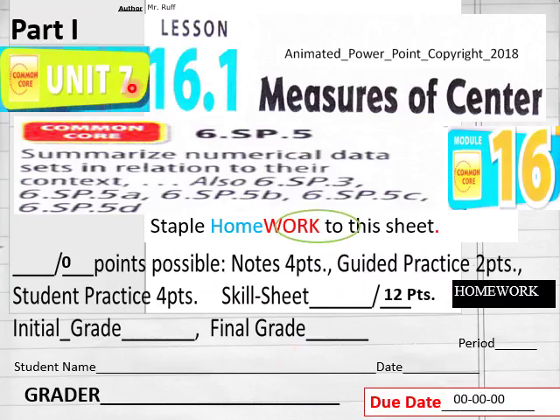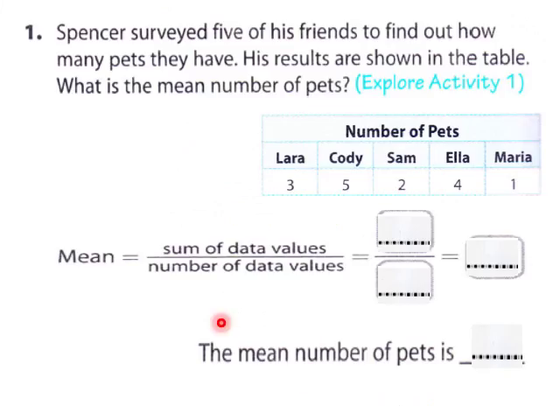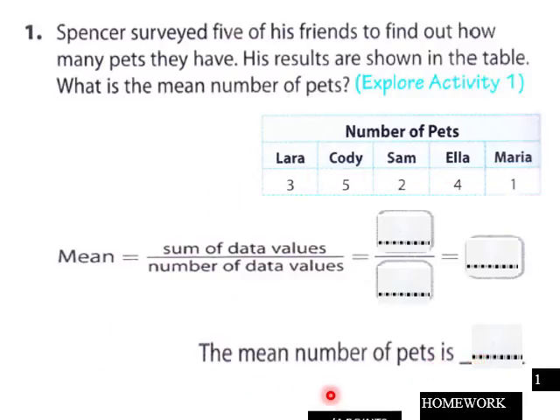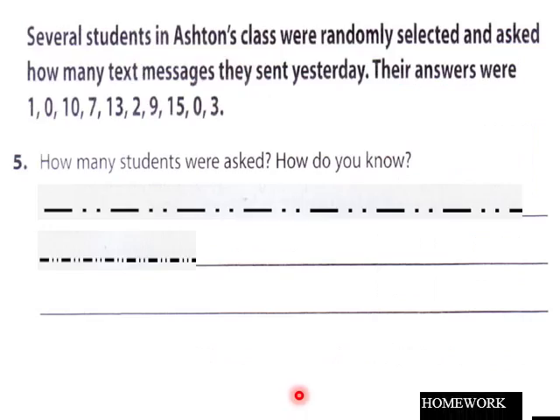Here's our homework 16.1. We have 12 points in this homework. And we have another table here. They want you to add up the data values and then the number of data values here. The mean number of pets is blank, so students come up with that. Page 2 of our homework, how many students were asked, how do you know?